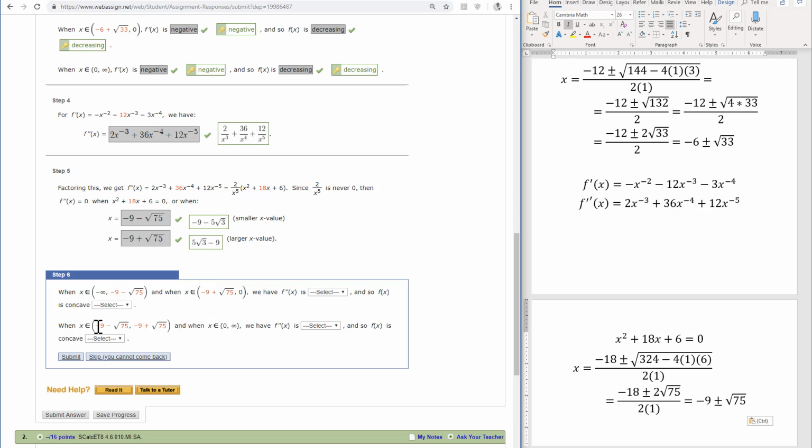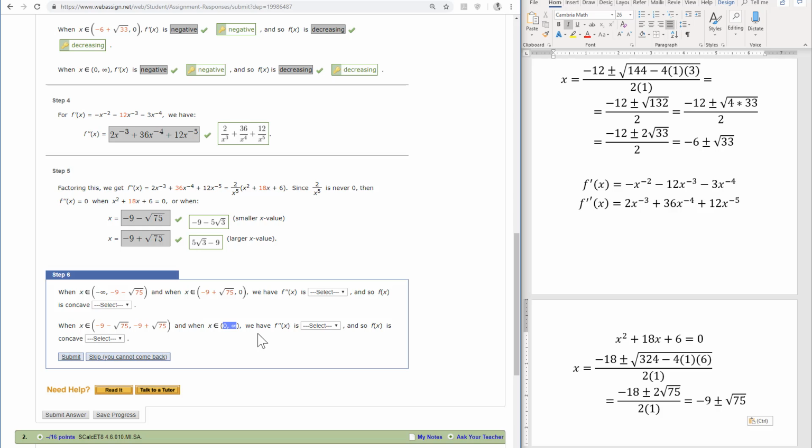And then between those two possible inflection points is another area, and from 0 to positive infinity, where everything's positive, is going to have the same signs according to them. We probably would have to make sure we draw a number line and check, but in this case they gave us a pretty big hint.